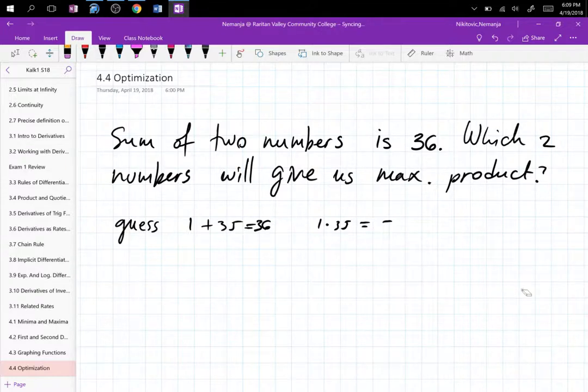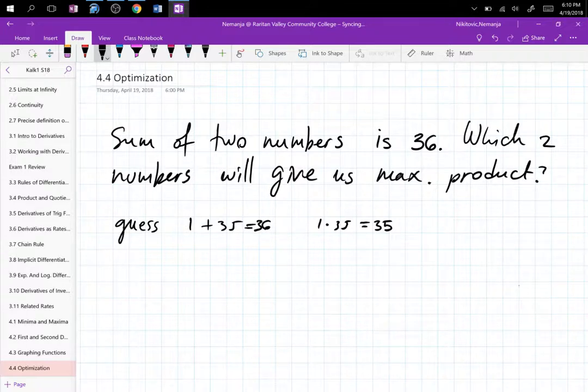35 is solid. I don't think you will complain much if you found 35 bucks on the street. But then, how about you suggest 2 and 34?